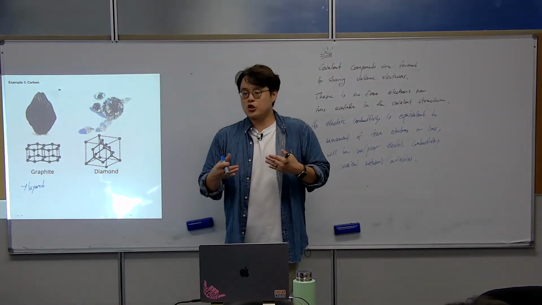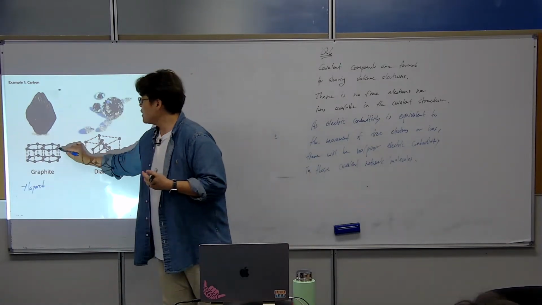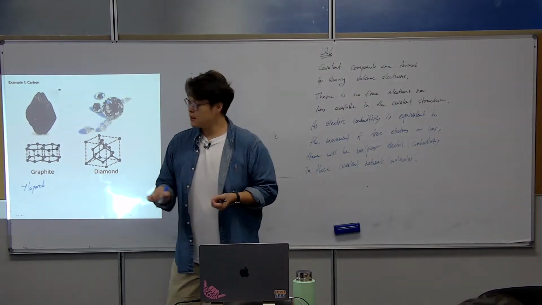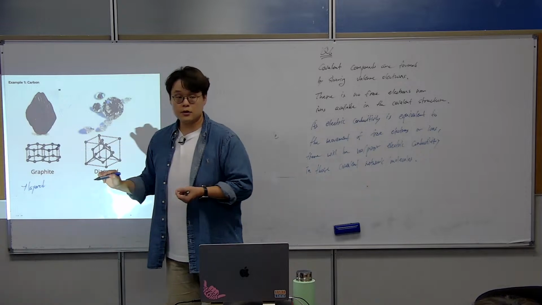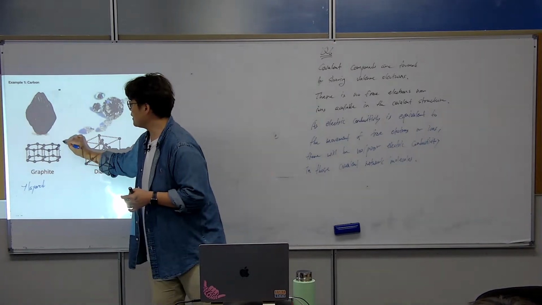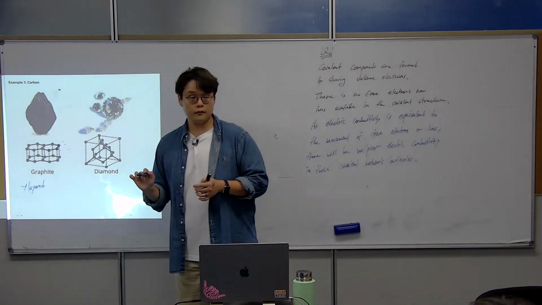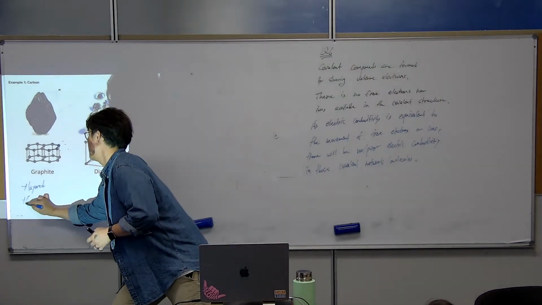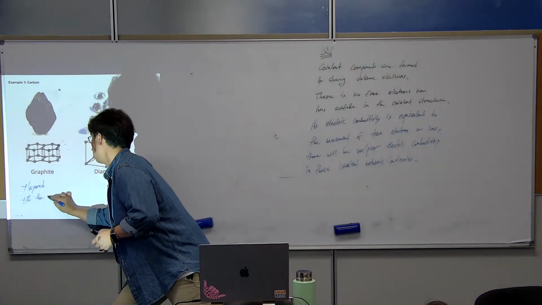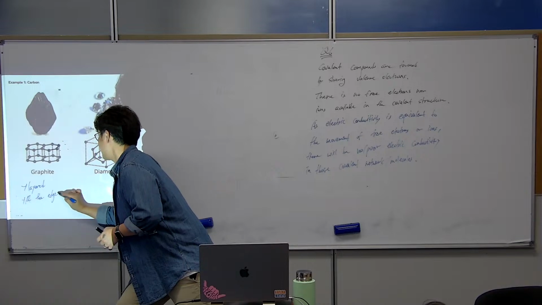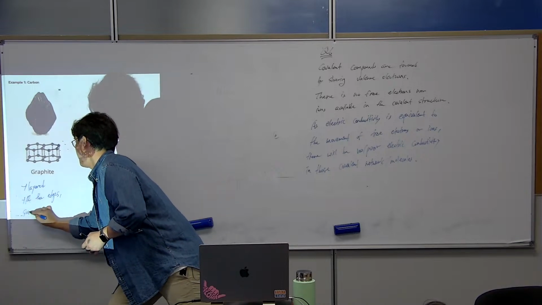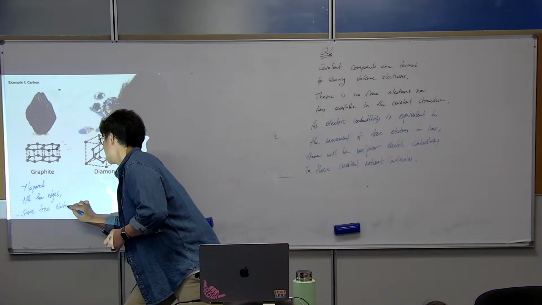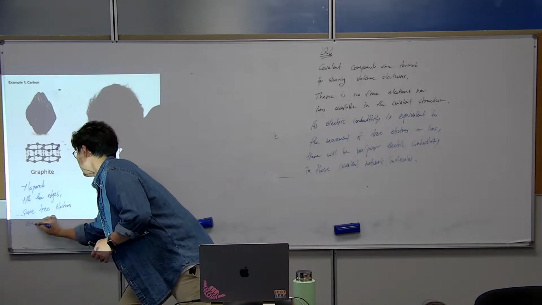Look at the edge of the layers: this carbon here forms two bonds only, and this carbon as well, so at the edges, some free electrons are available.